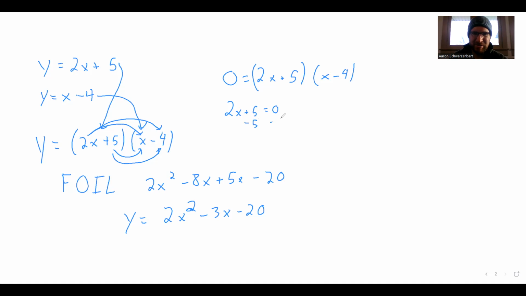Now I can just solve 2x plus 5 equals 0, and I get x equals -5/2. Or x minus 4 could equal 0, would still be 0 times anything is still going to give me 0.